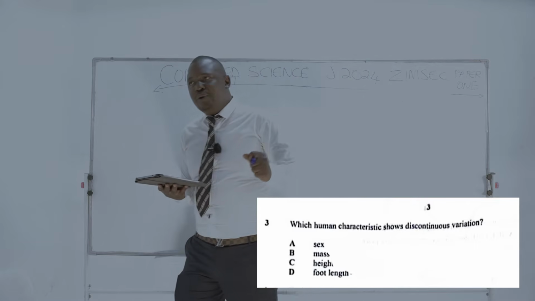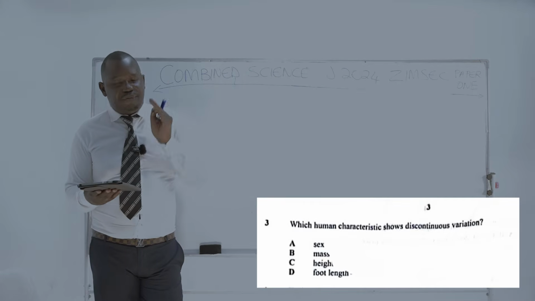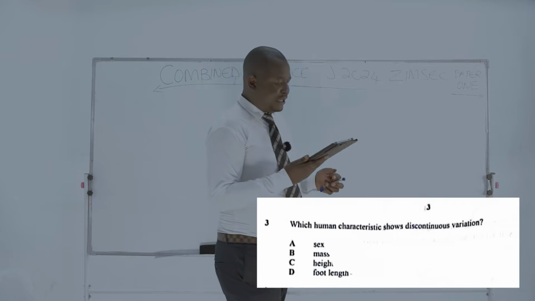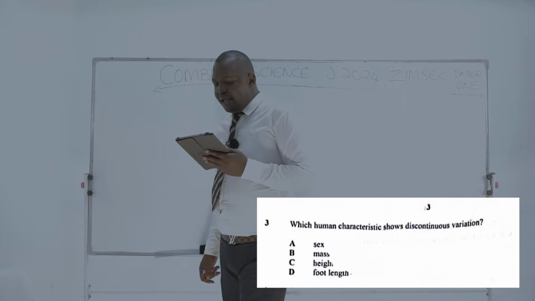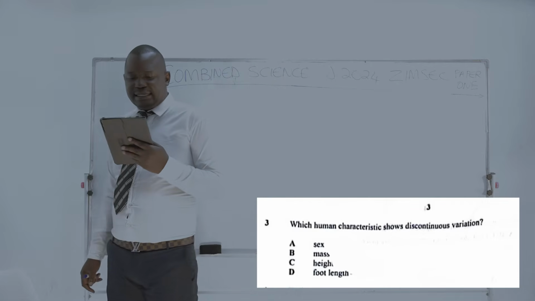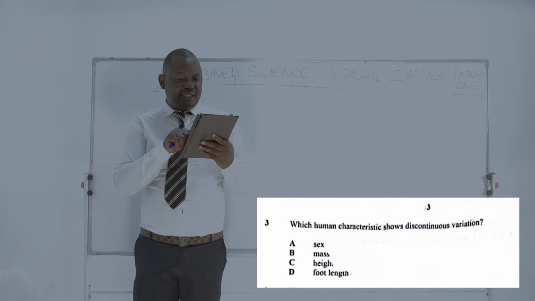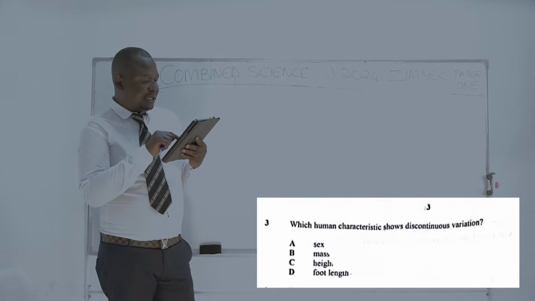Either you have earlobes or you don't. Either you are male or female. There are no many intermediates. That is called discontinuous variation. So the discontinuous variation here is sex. Right. Next.